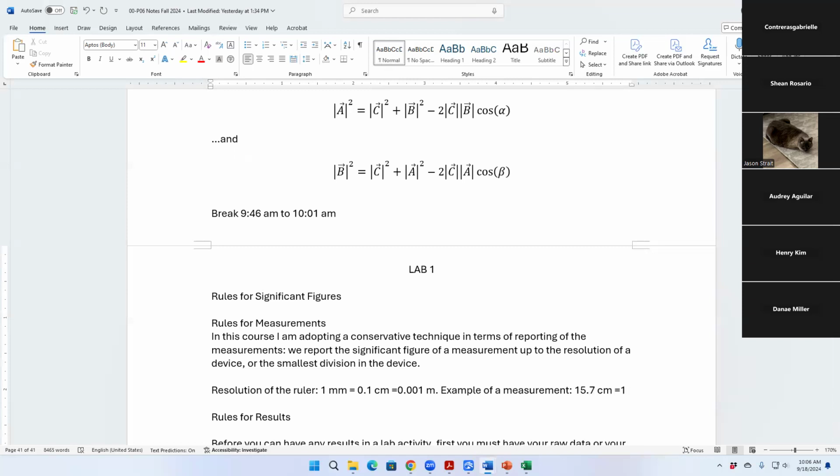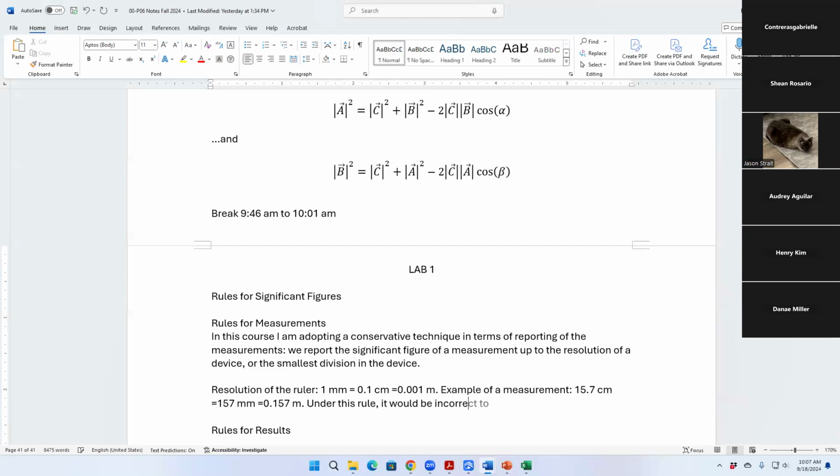Which is also 157 millimeters, which, by the way, is 0.157 meters. You stop right here. Under this rule, it would be incorrect to add another figure past the significant figure 7.